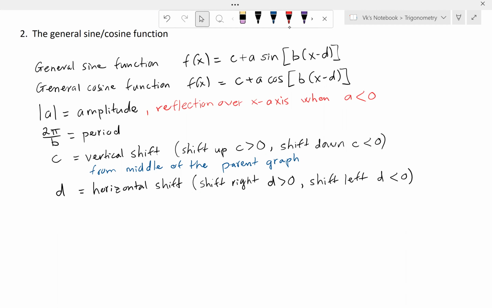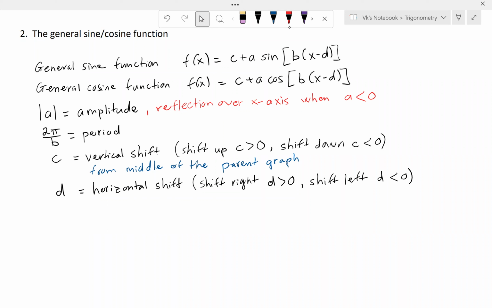2, the general sine cosine function. The general sine function is written as f(x) = c + a sin(b(x - d)). Similarly, the general cosine function is f(x) = c + a cos(b(x - d)). The absolute value of a is the amplitude.